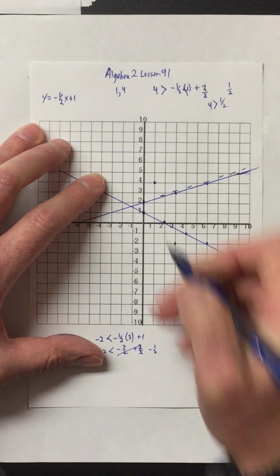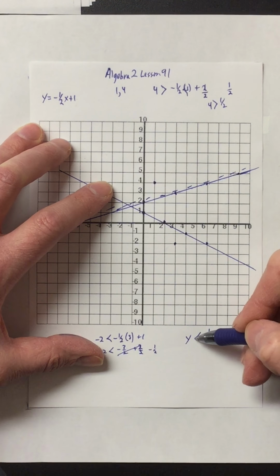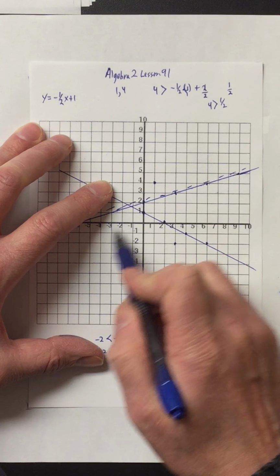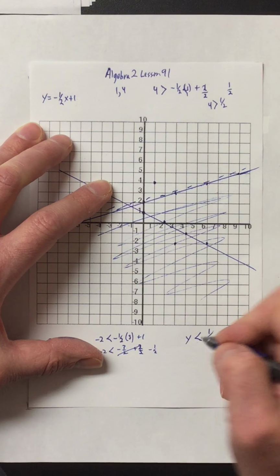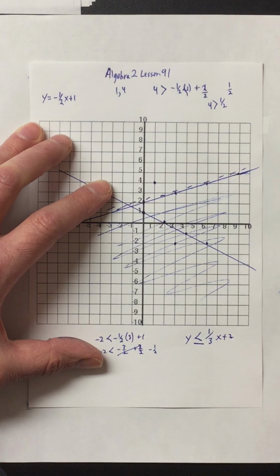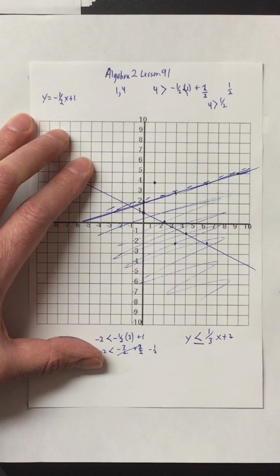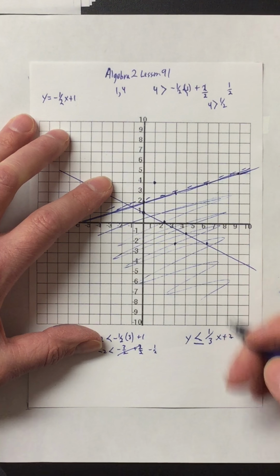If it doesn't have an equal sign, it's in dashes, okay? And since y is less than the rest of that, that's indicating that it's any number down here. Now if I did have a solid line here, then I wouldn't have dashes, I'd have a solid line running through there. And you'll see this more as we run through some of the practice problems.